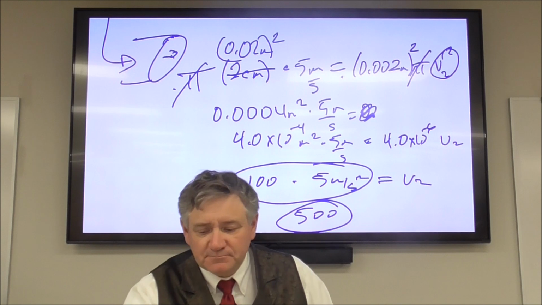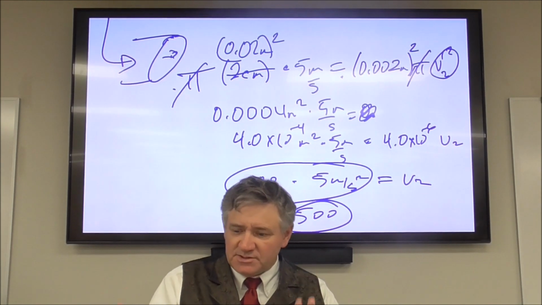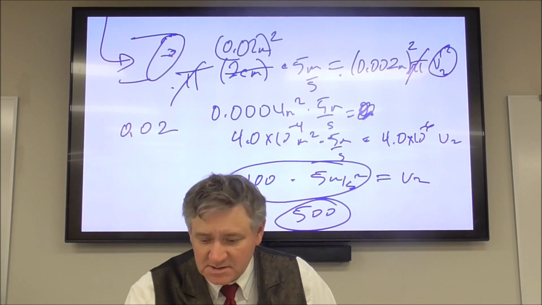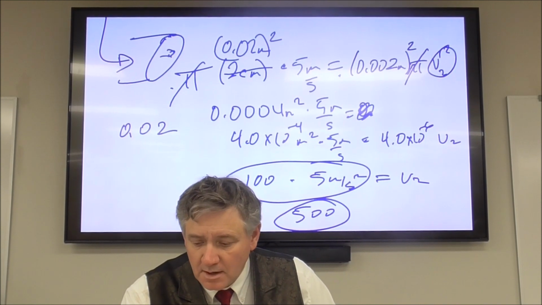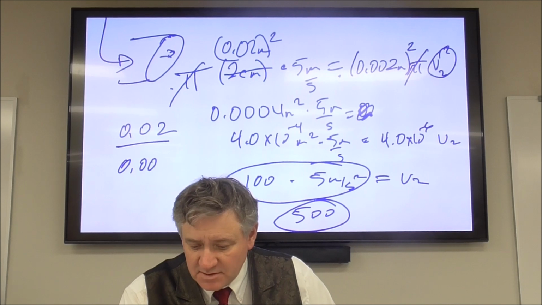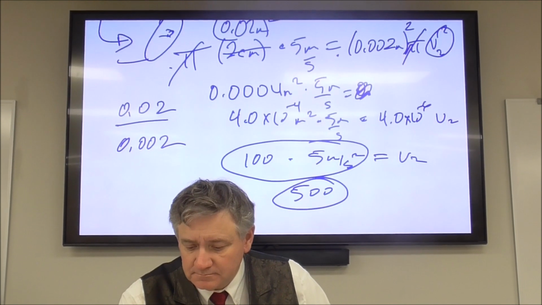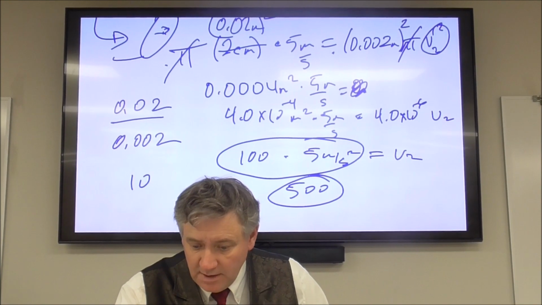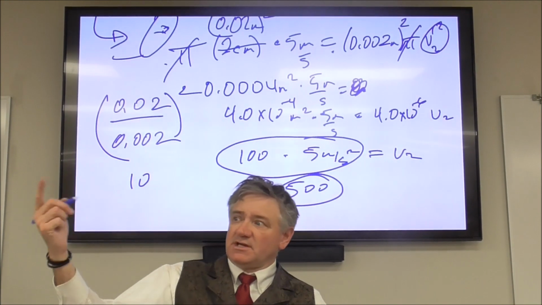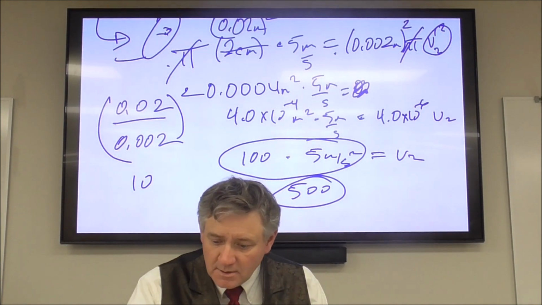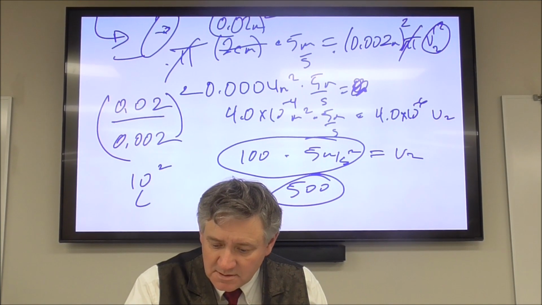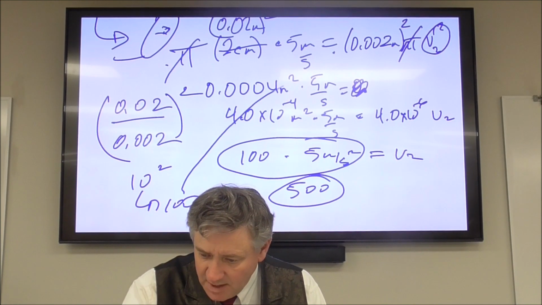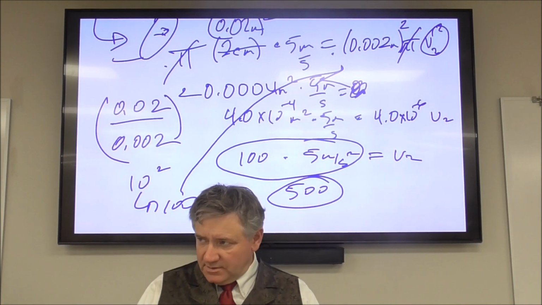So here's the point. If you just look at this in terms of a ratio, somebody take 0.02 and divide that by 0.002. What do you get? 10, right? But that's a ratio that's going to get squared, so it's 100. 10 squared is 100. So if I take 100 times 5, I get 500.